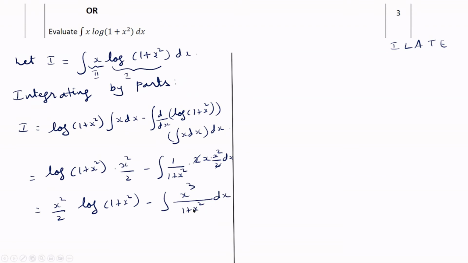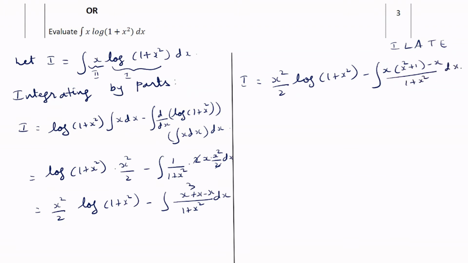Here if we add and subtract x, we will be able to integrate. So let us add and subtract x. So the given integral becomes x square by 2 log of (1 plus x square) minus the integral, I am considering the first two terms alone, x cube plus x. So we can take x outside from that. So it is x into (x square plus 1) minus x upon (1 plus x square) dx.